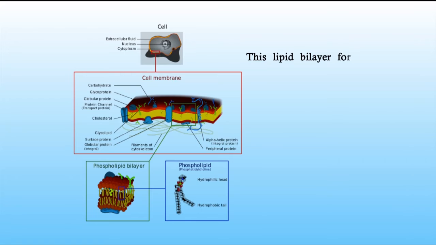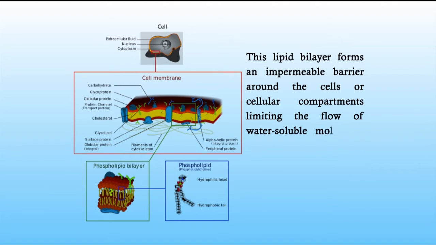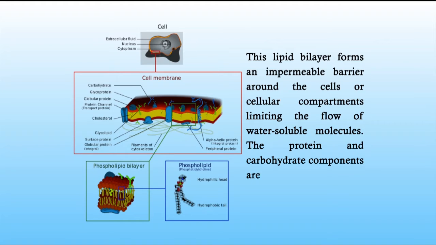This lipid bilayer forms an impermeable barrier around the cells or cellular compartments, limiting the flow of water-soluble molecules. The protein and carbohydrate components are distributed in the lipid bilayer.